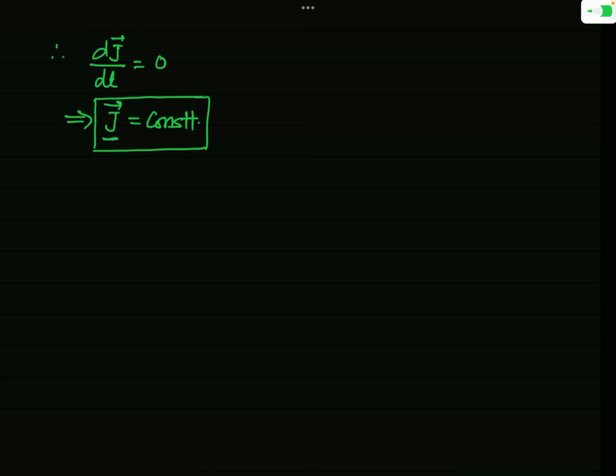Since j is a vector and j is constant, both the magnitude and direction of j, the angular momentum, remain constant.